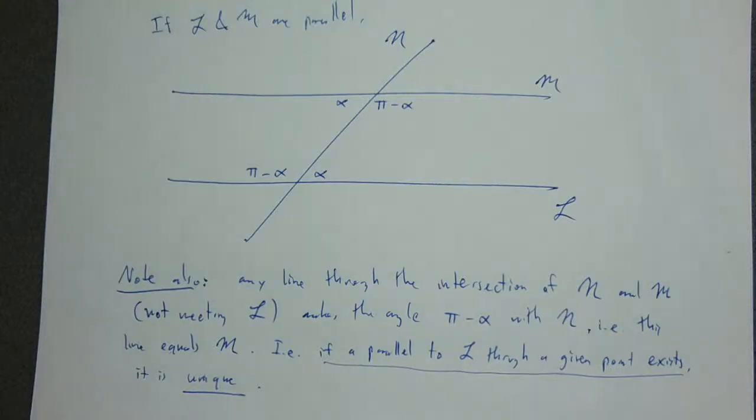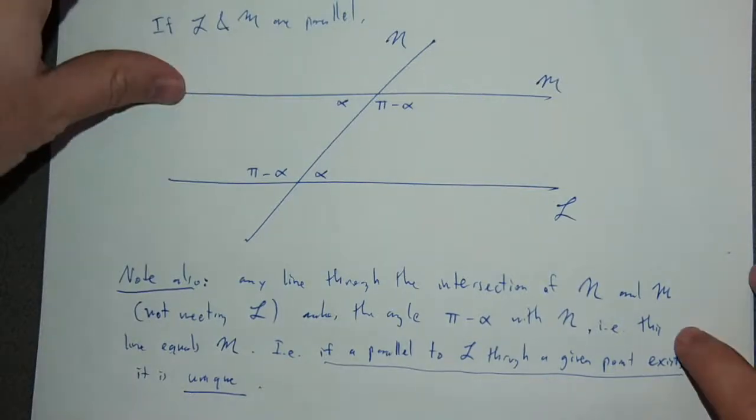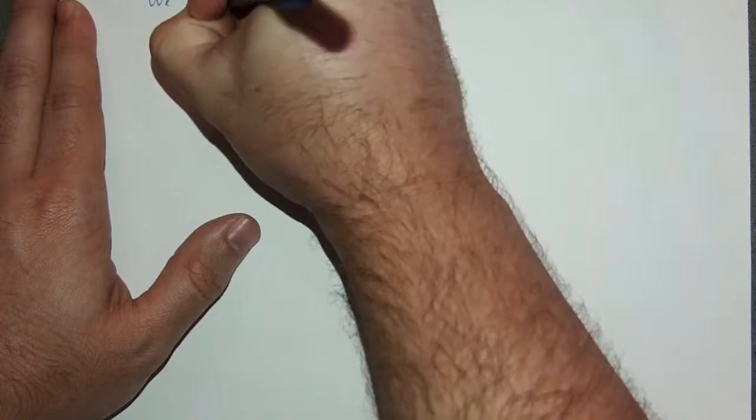Now, how can I show the existence of a parallel to L through a given point? Well, you might say, oh, I've constructed things like this before. Okay, but we can use what's called ASA.